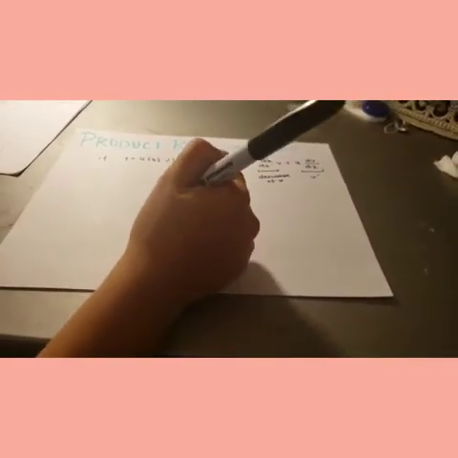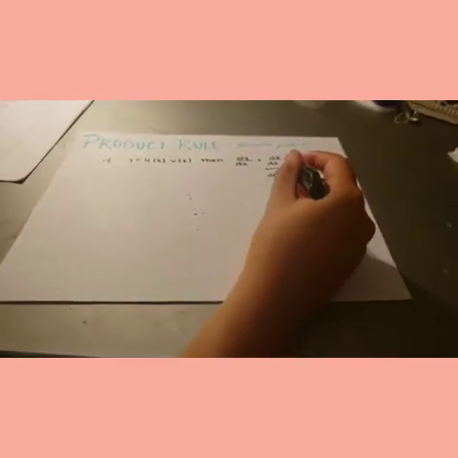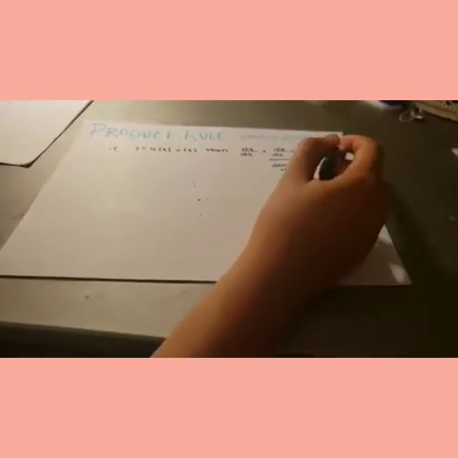So in order to find the derivative, you multiply the derivative of u times v plus the derivative of v times u.